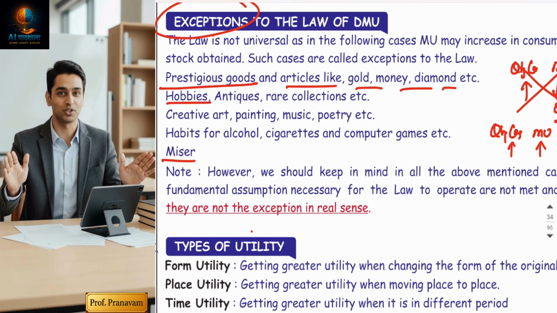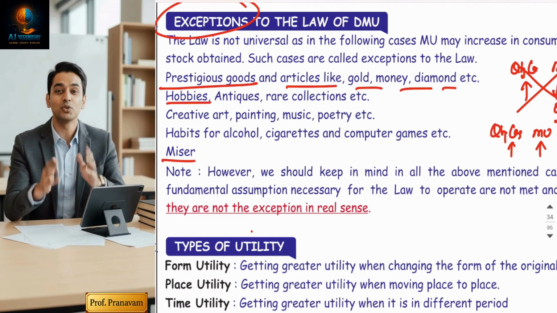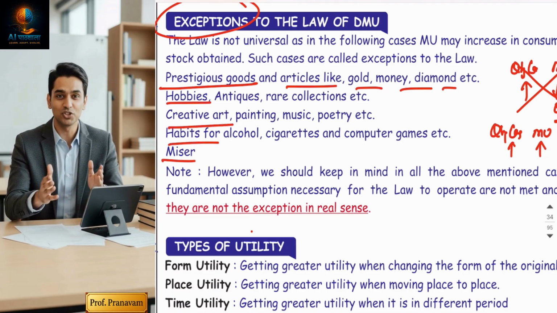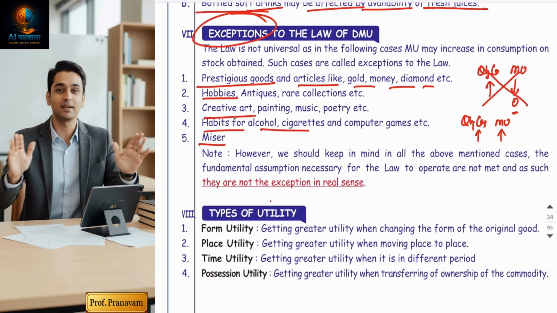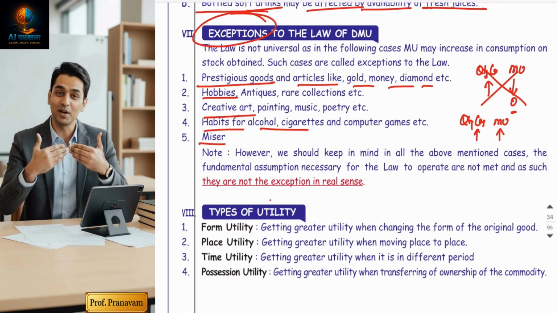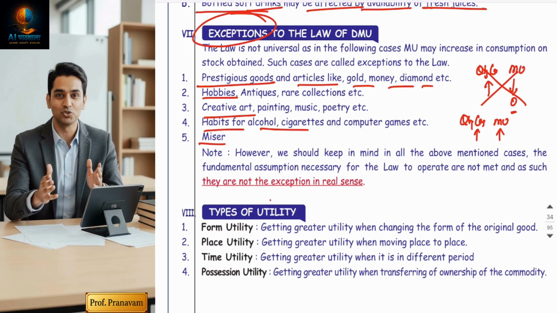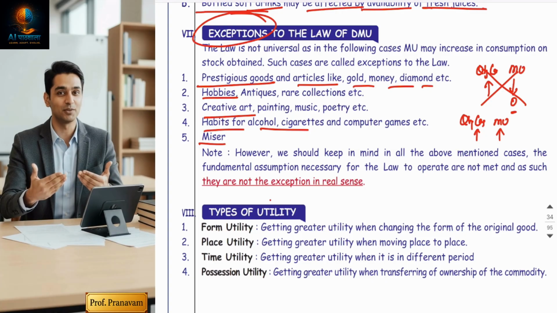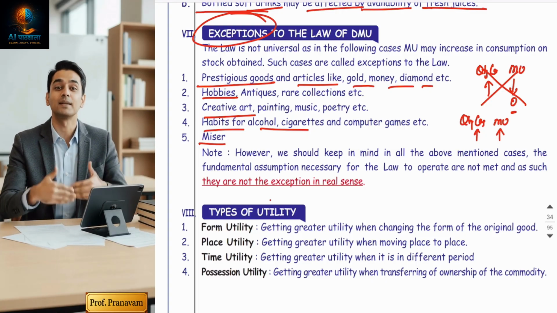The more and more he saves money, his MU increases. Right? Hobbies and prestigious goods. Habits I have written already. Now, guys, these are the exceptions to the law. The law of MU does not apply on these. The more and more quantity you accumulate or consume, MU starts increasing. You never reach zero, meaning the point of satiety is not possible.